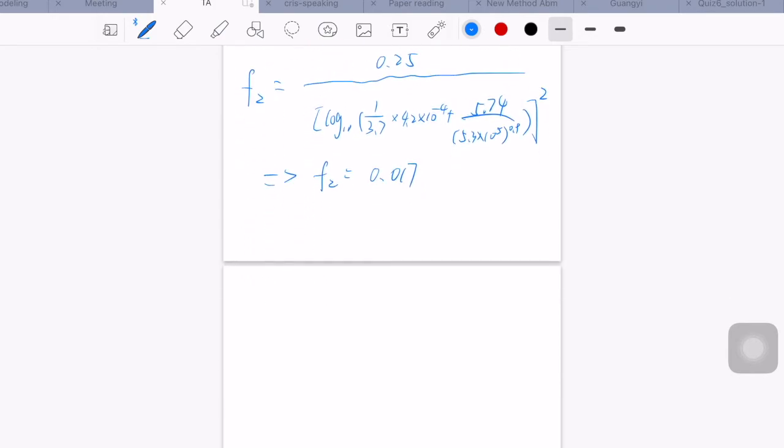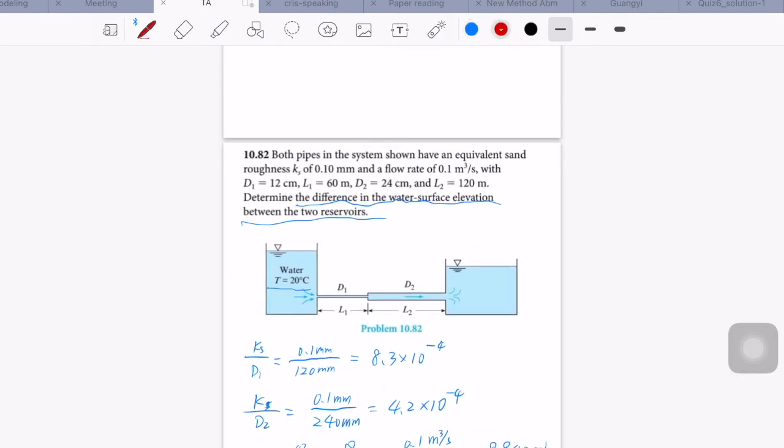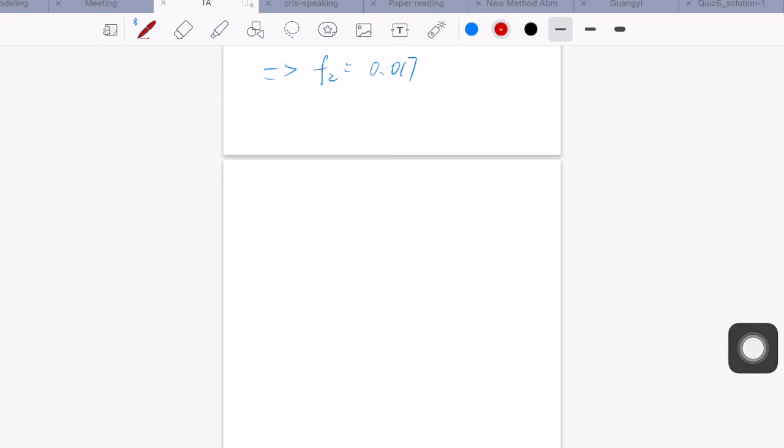And then we apply the energy equation between the two reservoirs. As shown, this is point A and this is point B. So we apply the energy equation.